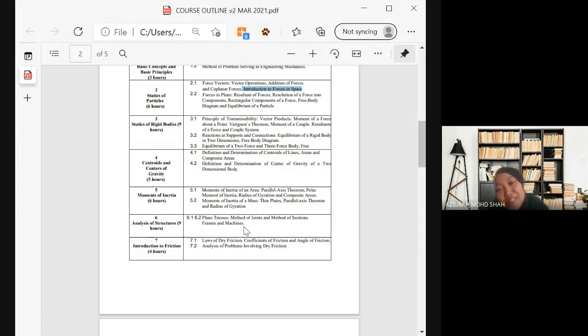Banyak yang sangkut dekat frame and machine. Tapi kalau you follow apa yang saya suruh kamu buat, insya-Allah boleh jawab. Cuba you tanamkan dalam kepala kamu, ini memang best gila lah.